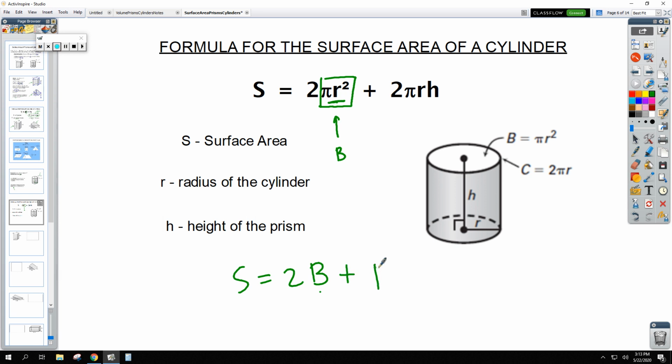Plus the perimeter, which, do we call it perimeter of a circle? No, actually we call it the circumference. And how do you find the circumference of a circle? 2 pi r. So this P actually becomes the C of our circle. And then you multiply that by the height, just like we did with the prism. So to break it down, the surface area formula for a cylinder is 2 pi r squared plus 2 pi r times the height.